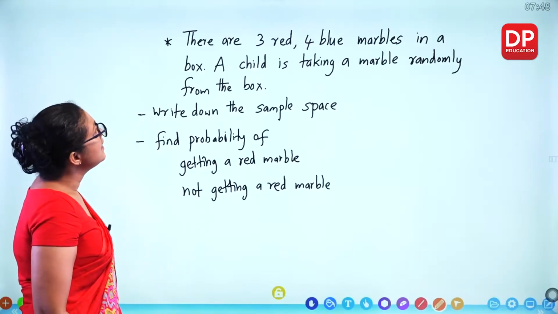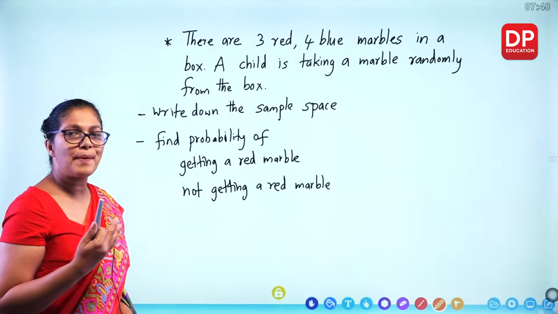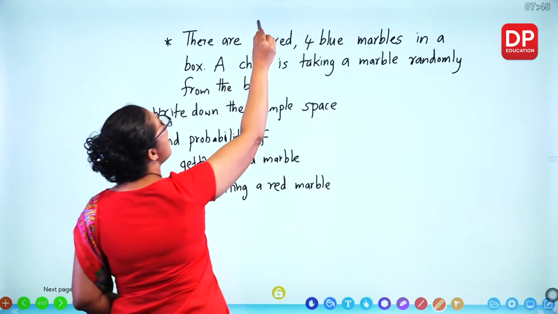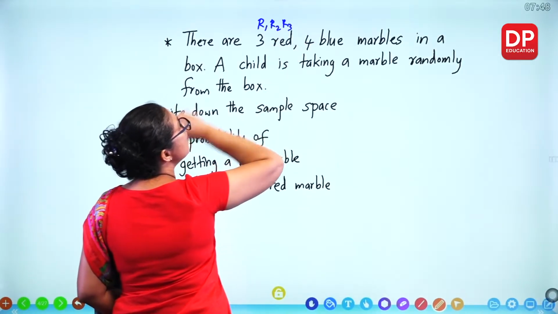Question number 3. This is another example. There are 3 red and 4 blue marbles in a box. A child is taking a marble randomly from the box. Write down the sample space. Here there are 3 red ones, so we can take R1, R2 and R3. What about the blue ones?